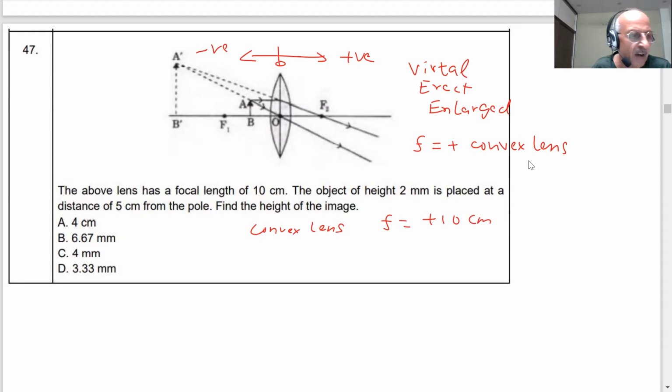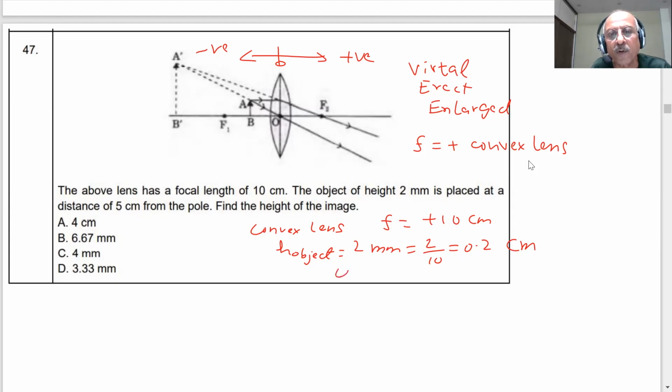The object has a height of 2 millimeter, that is 0.2 centimeter. It is placed at a distance of 5 centimeters from the pole.